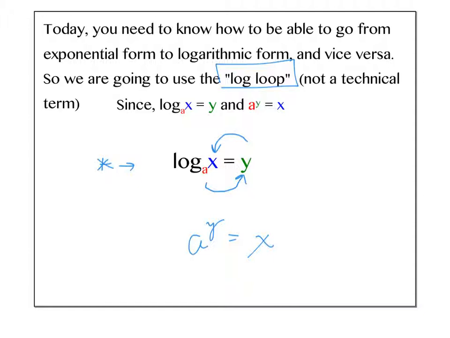So you start with the base, you say log base a, and then that of component, when you go to the log loop, the y in this case is your exponent. That's why we say that the logarithms are exponents, because y equals the log base a of x. So you put your y up in the exponent, and then you set it equal to x.